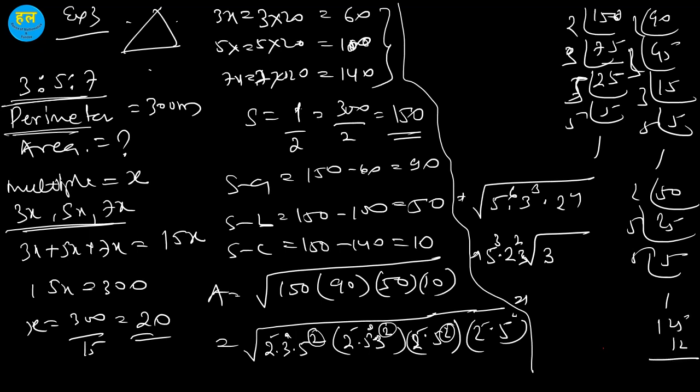So 1500 root 3, and it is in meter square. This is our area.